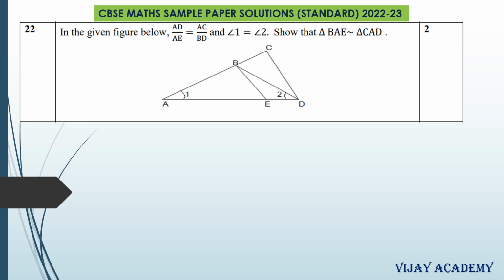Let us go to question number 22. It is given that in the given figure below, AD/AE = AC/BD, and angle 1 equals angle 2. Here AD is the length of a line segment of the larger triangle, AE is the line segment of the smaller triangle, and AC is the length of a line segment of the larger triangle.